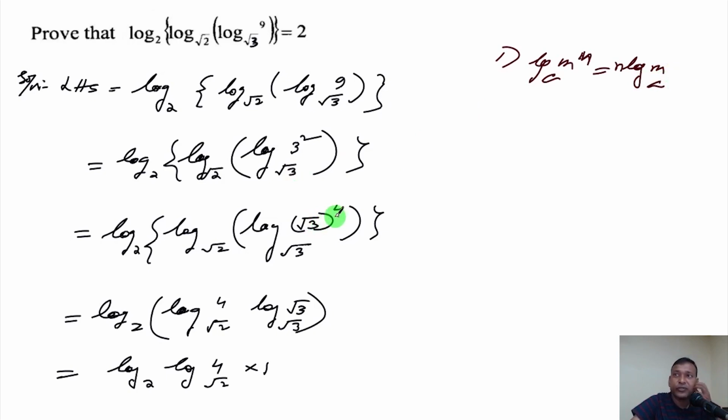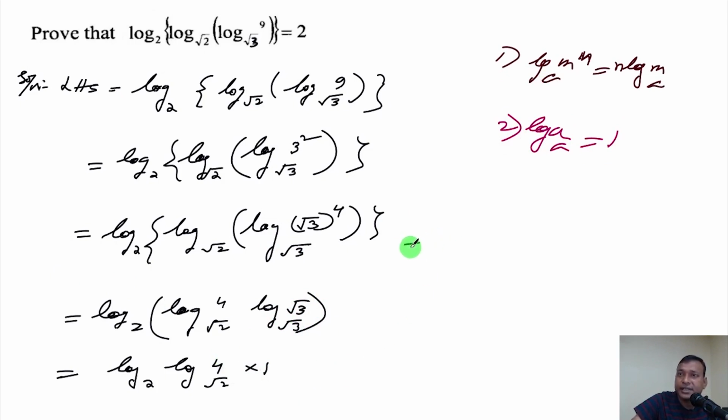So here it is 4. So this 4 will come before log using this property. And we have another property, log a to the base a is always 1. So here log root 3 to the base root 3 is 1.